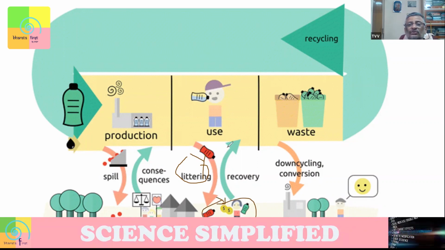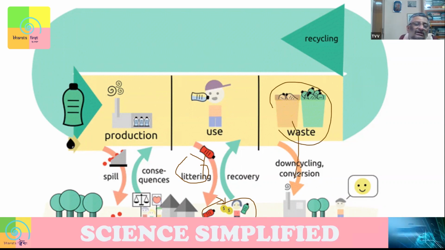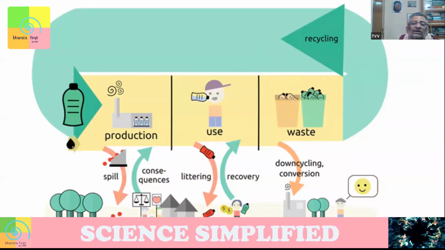And then the waste, instead of throwing it away, use it for recycling or conversion into other products. So this is a kind of circular economy, where we are not throwing anything away as actual waste. We may be throwing it away as waste from a particular process, but that should become an input for the next process. If you do it like that, then the microplastics can be substantially controlled.